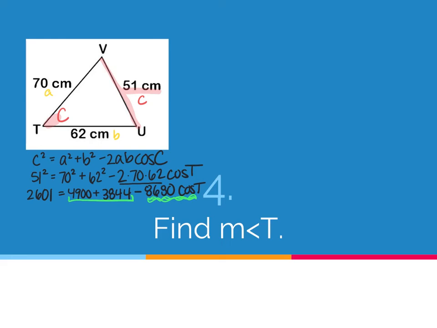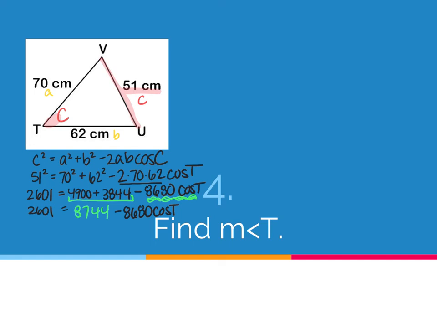We're going to add 4,900 plus 3,844 to get 8,744. I'm going to bring everything else down. I cannot combine my 8,744 with the minus 8,680 cosine of T because cosine of T is our variable.